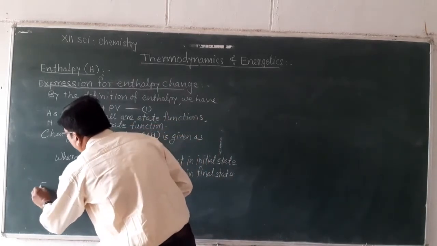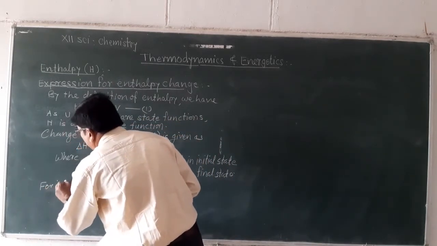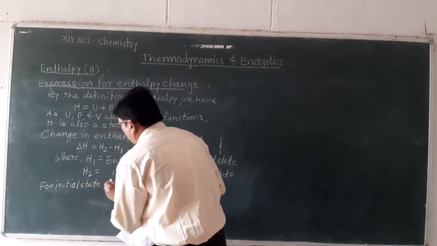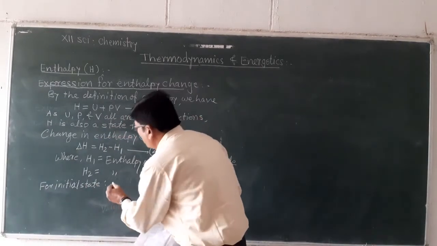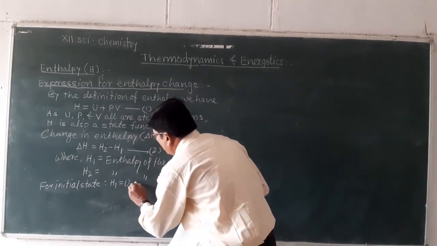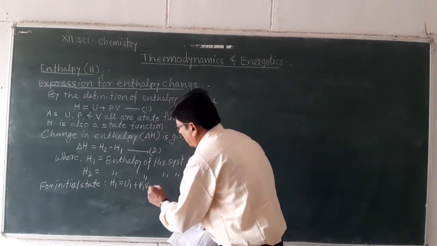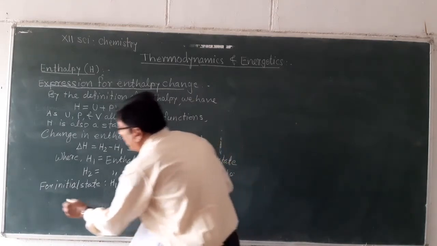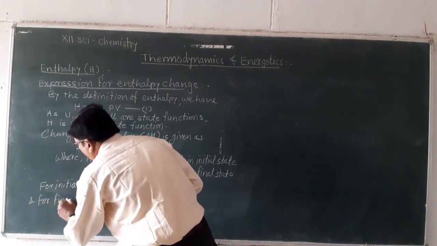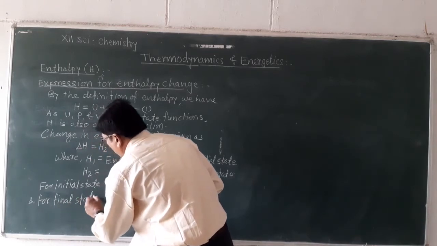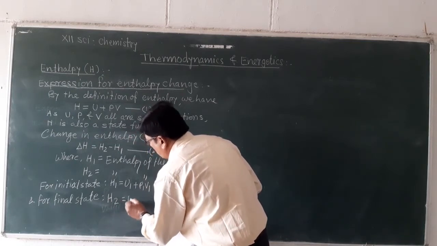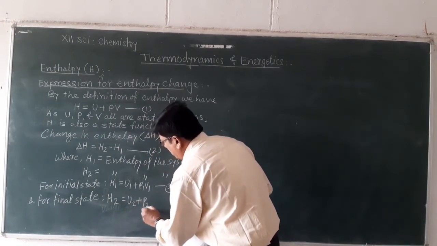Now, for initial state, the equation of enthalpy can be modified as H1 is equal to U1 plus P1V1. This is equation 3. And for final state, the equation of enthalpy can be written as H2 is equal to U2 plus P2V2.